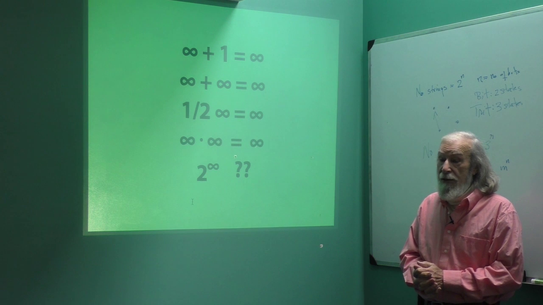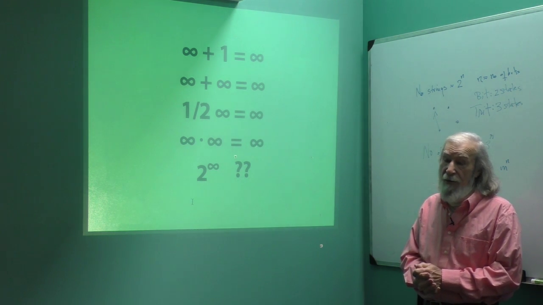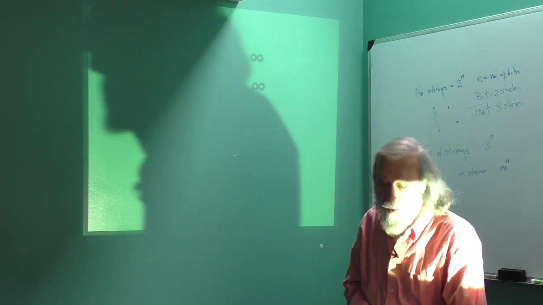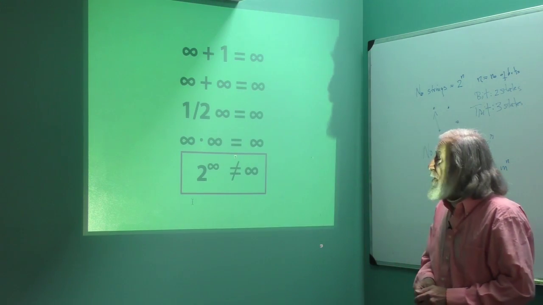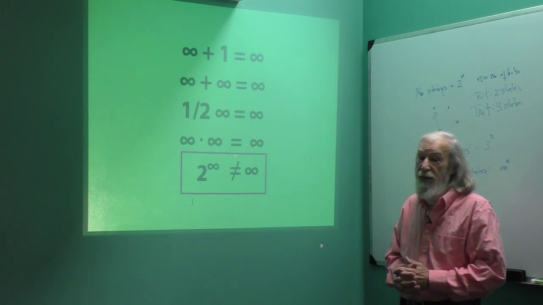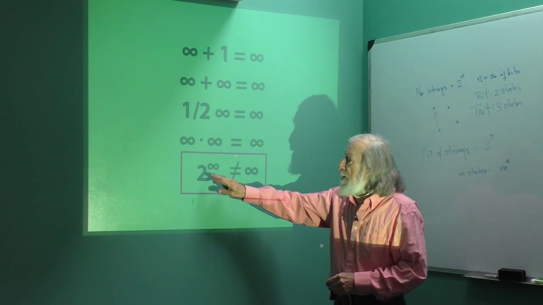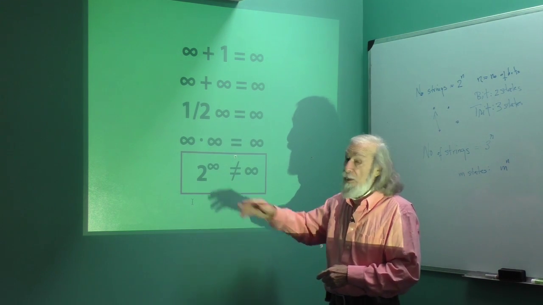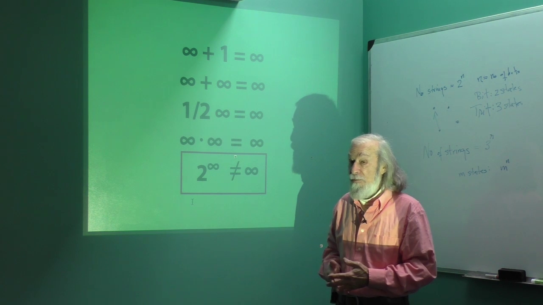That's, what about 2 to the infinity? What is that? What would that mean, and is it countable? And the answer is, it is not. 2 to the infinity is not countable. That means if you start forming the powers of 2 times for a growing number of terms, you will not be able to pair them.